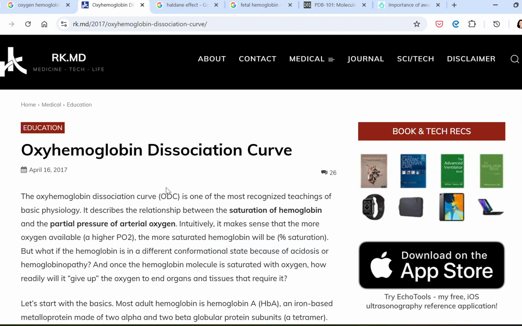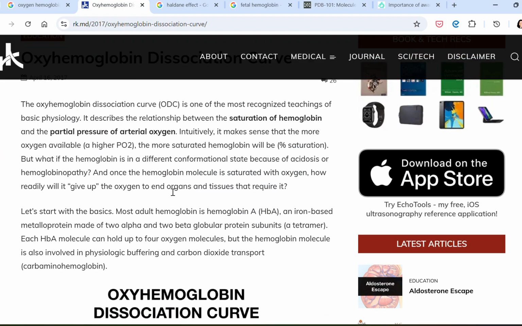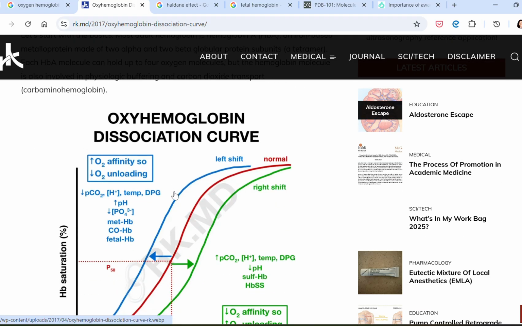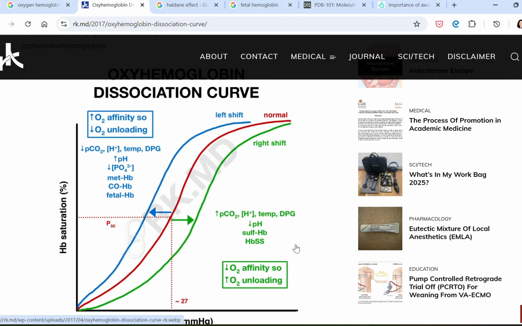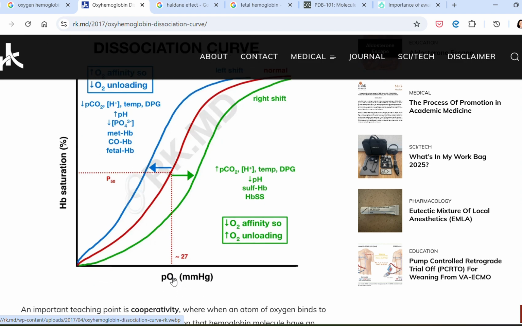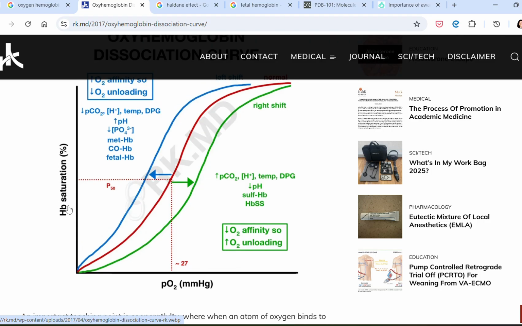Okay, so the oxyhemoglobin dissociation curve. We've seen this in the class, but again, there are some better visualizations of it. This is the normal dissociation curve. Here is the right shift, here is the left shift. Again, oxygen partial pressure and hemoglobin saturation.